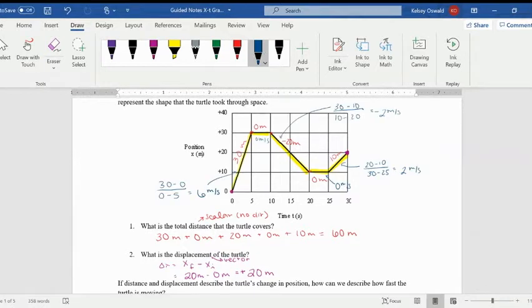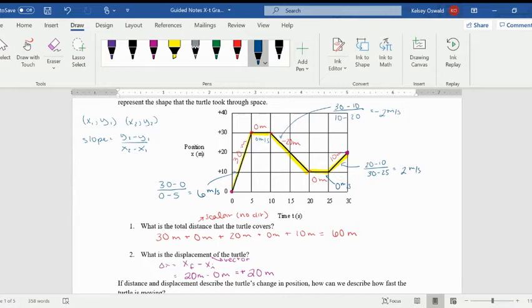As a reminder, when we find our slope, we pick 2 points on our line and find the difference in our y values and divide that by the difference in our x values. We can do that for each one of these individual segments on our graph.